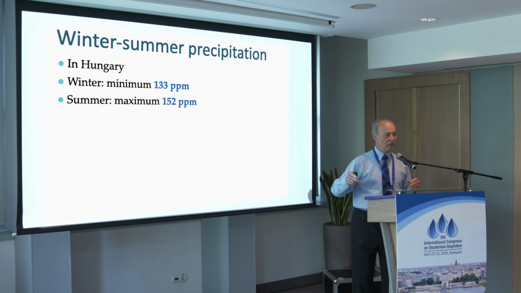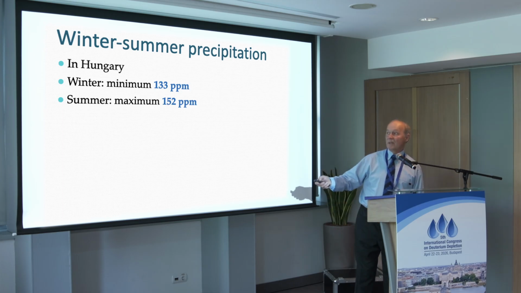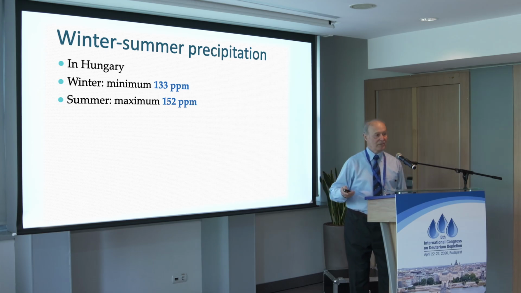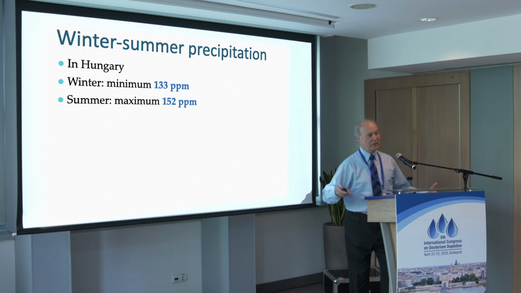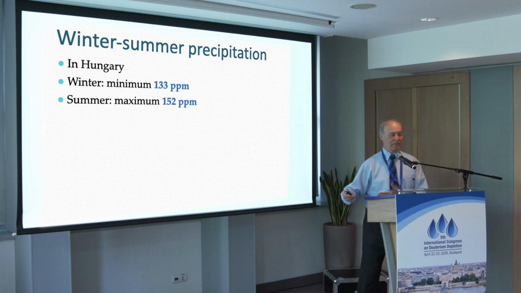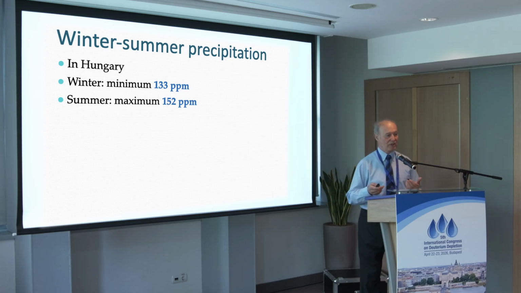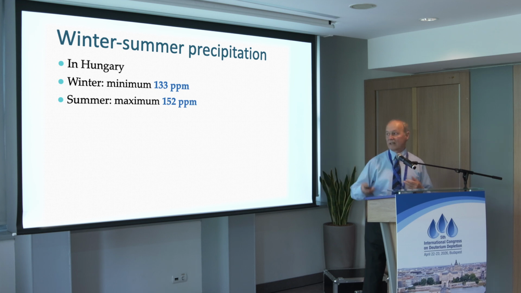The water which infiltrates under the surface is just in between and a little bit closer to the winter, because a higher rate of the winter precipitation infiltrates than the summer precipitation, because in summertime the temperature is higher and more water evaporates.